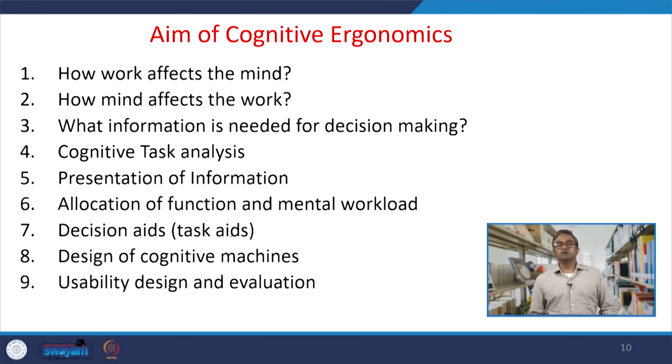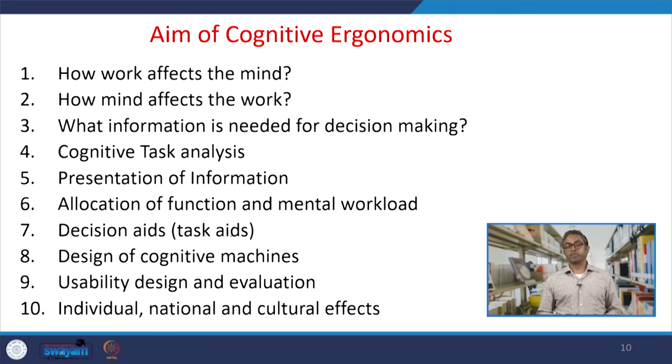And finally, the usability, design and evaluation. The designs which the user can use with easiness, and which can also help us in understanding the shortcomings of the design as well.